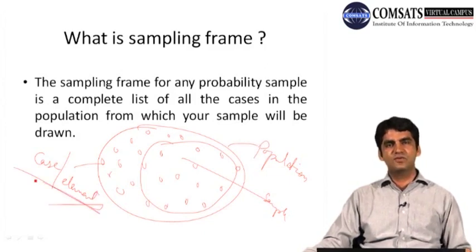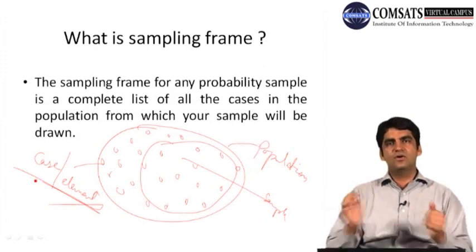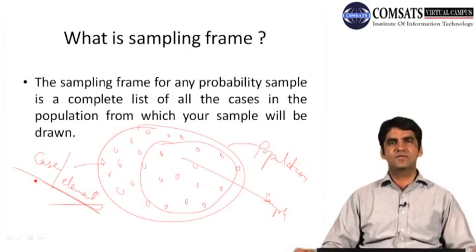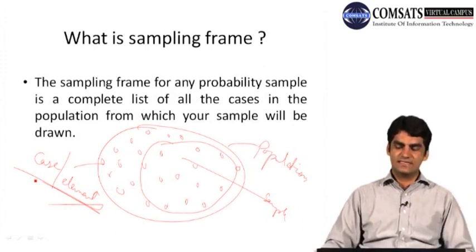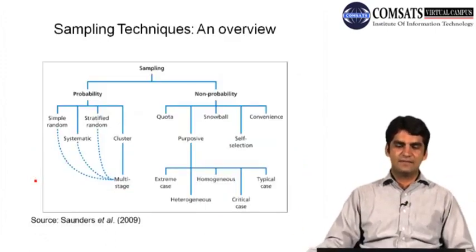So we have to understand that the whole of cases and elements is called population, a selection of it is called a sample, and an individual is known as a case or element.